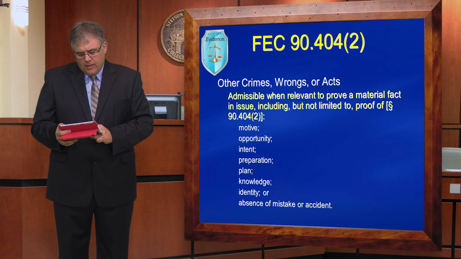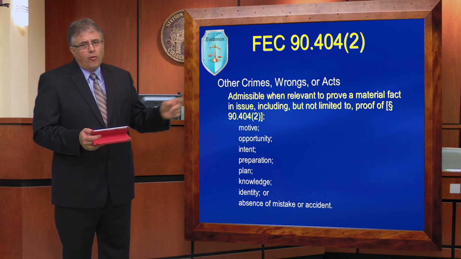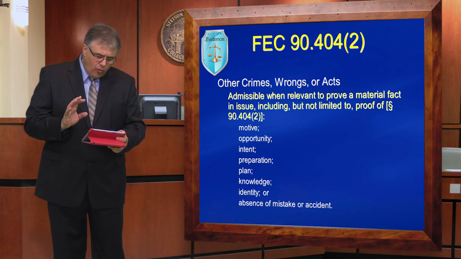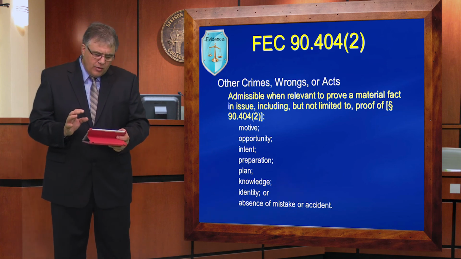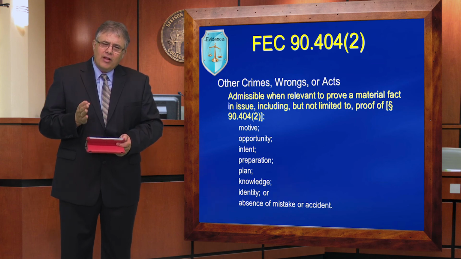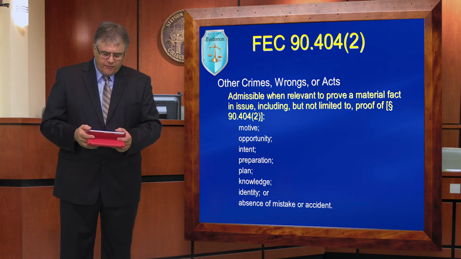Now, this is the list from 90.404(2), the equivalent of the Federal Rule of Evidence 404(b). And you'll notice that it's non-exhaustive, and it relatively mimics the same approach from the federal system.